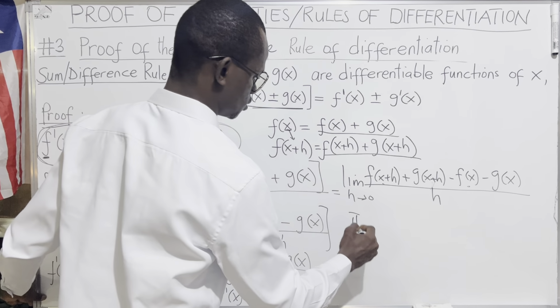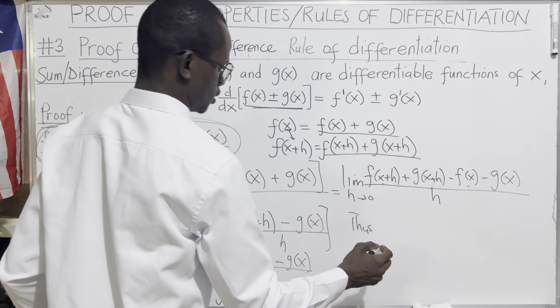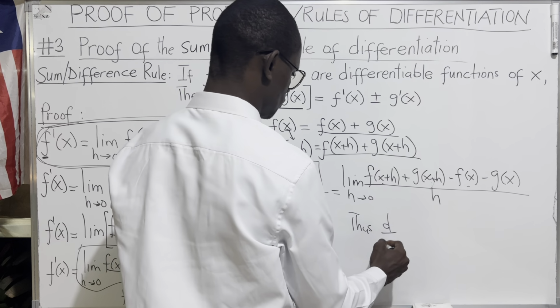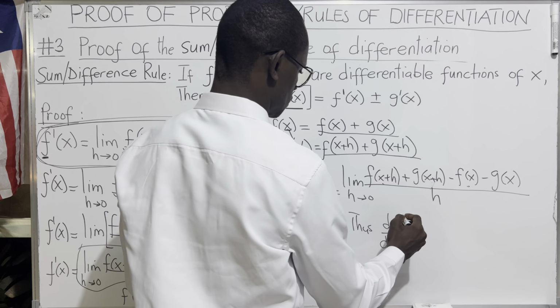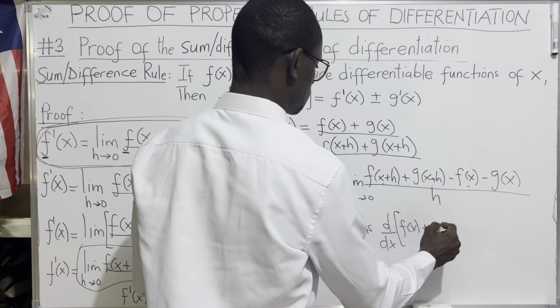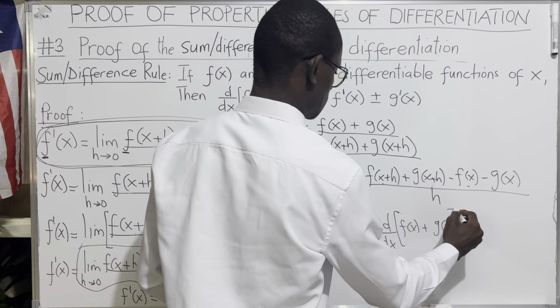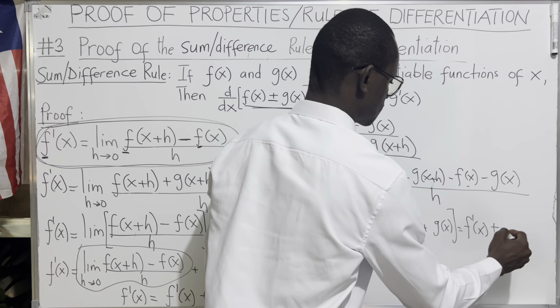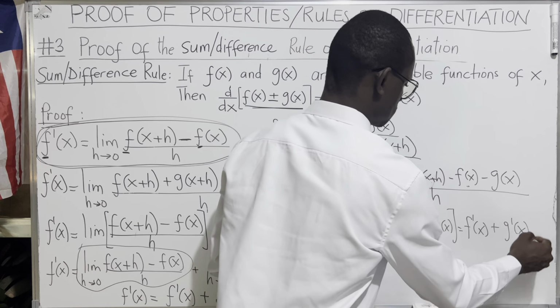So thus, the derivative of f of x plus g of x is just equal to f prime of x plus g prime of x.